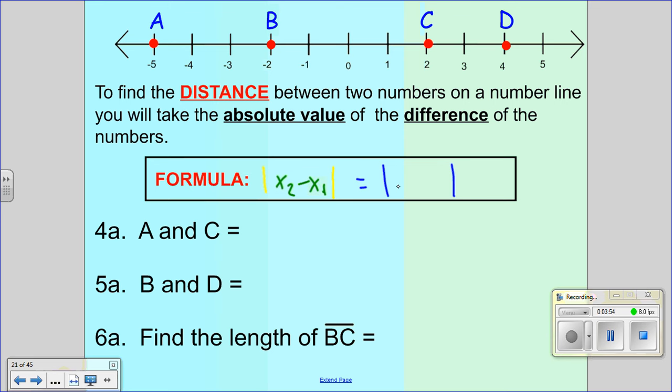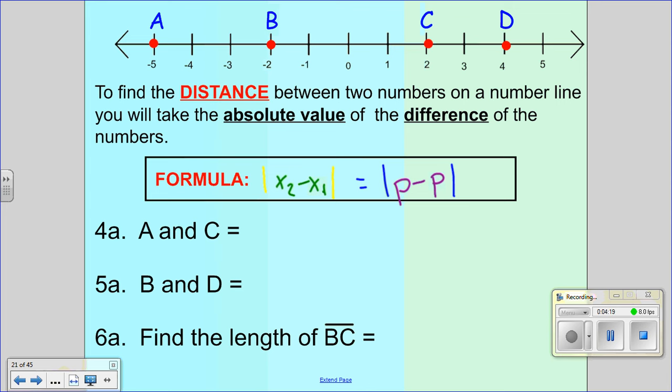It's just a placeholder. So we're going to say the absolute value of point minus point. So now, knowing that fact, it's always best when you're dealing with the number line to put the point that is on the right first in the formula. So for A, we're going to find the distance between A and C.